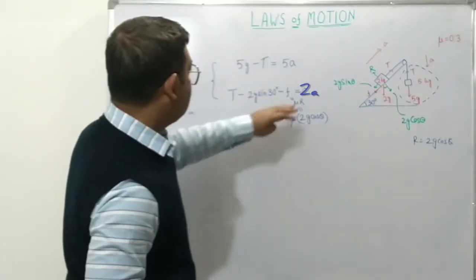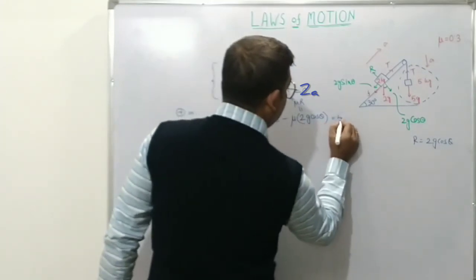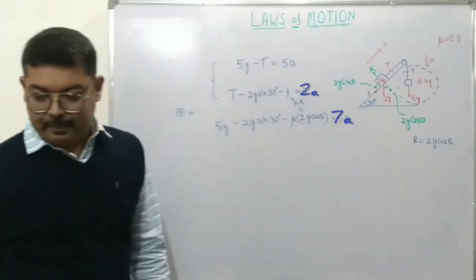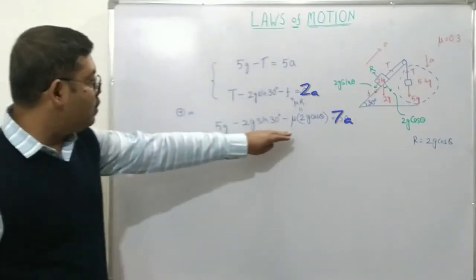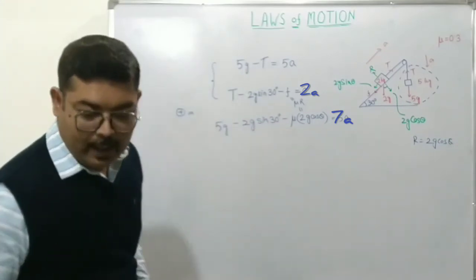This whole thing will be equal to 7a. So we can solve this to get a.